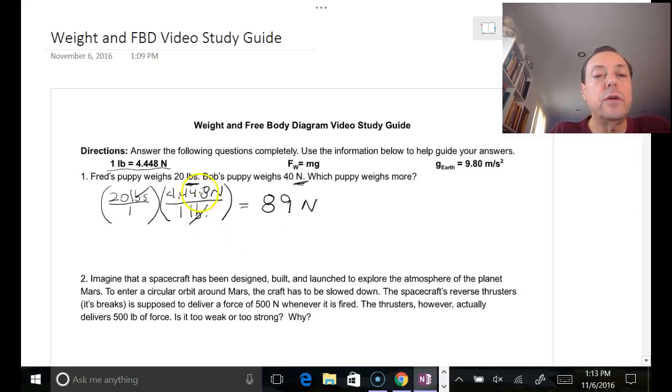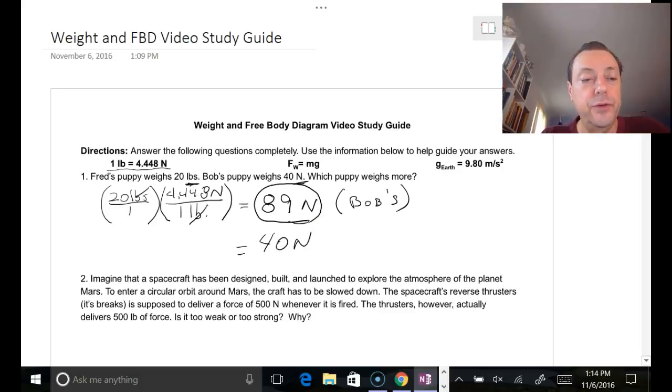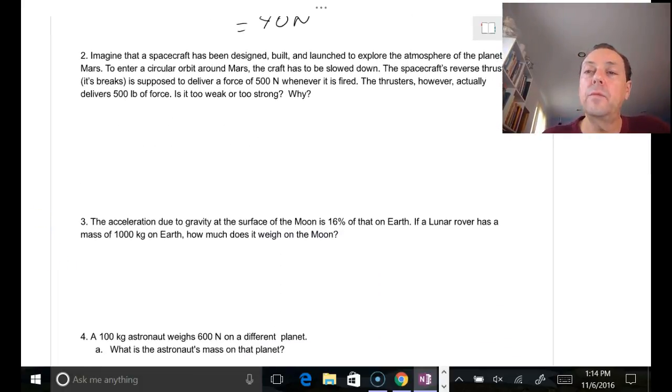Okay, so this is Bob's puppy, and Fred's puppy, we really haven't converted the weight yet, but that's already in newtons. So it seems like Bob has the heavier puppy at 89 newtons.